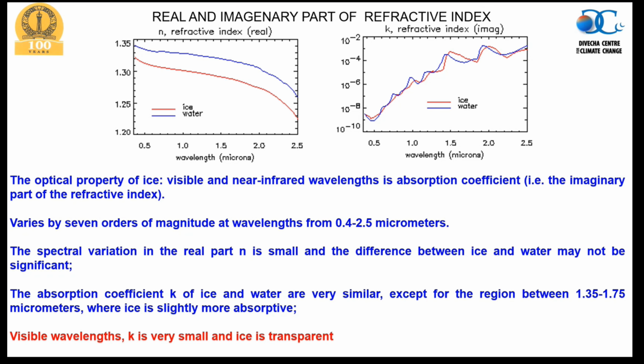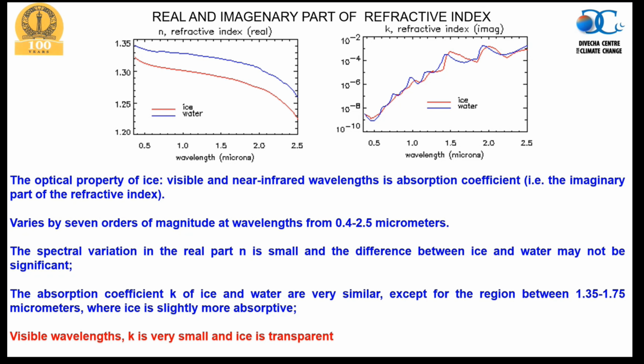Looking at the optical property of ice in the visible and near infrared wavelength, which relates to the absorption coefficient, you can see the imaginary part of the refractive index is very low, around 10 raised to the power minus 2. So it is very small.